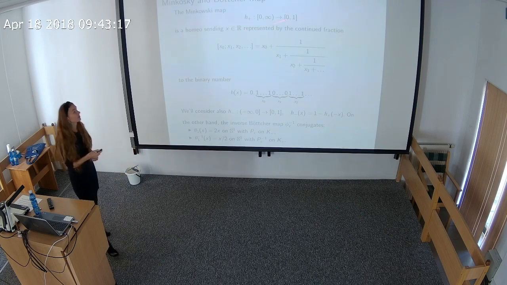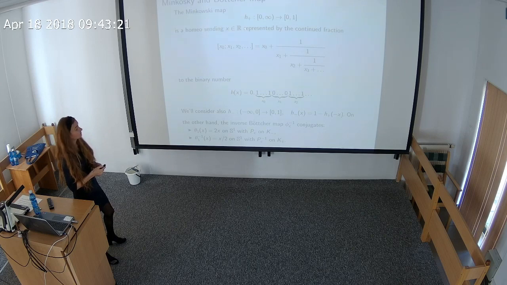Exactly this homeomorphism, which sends a real number represented by a continued fraction, a0, a1, and so on, to the binary number obtained by 0 point, a0 copies of 1, a1 copies of 0, a2 copies of 1, and so on.